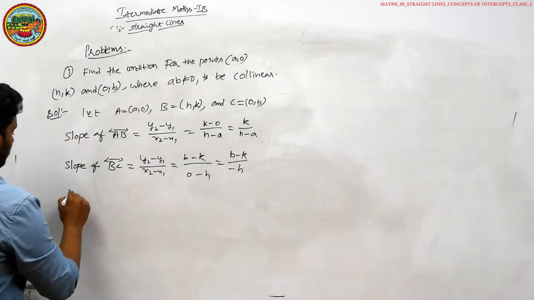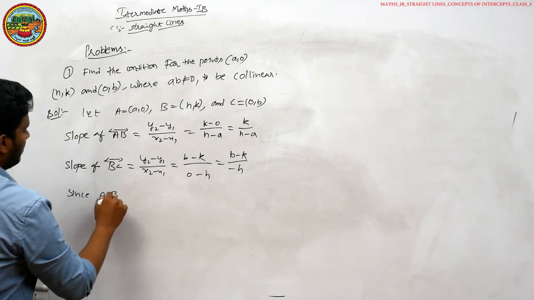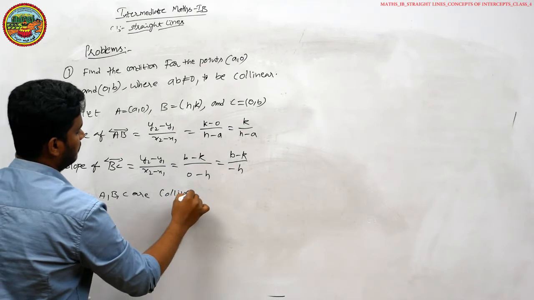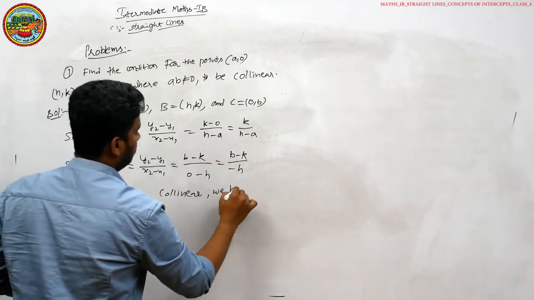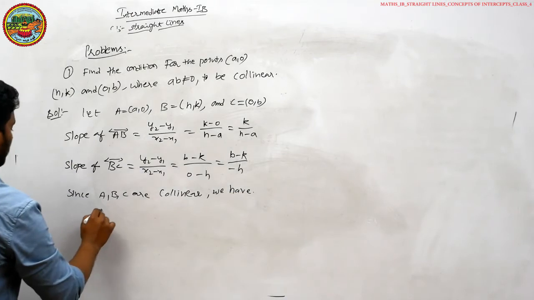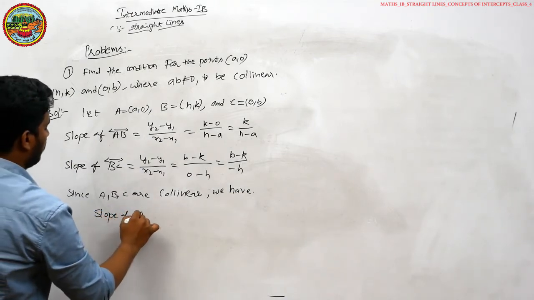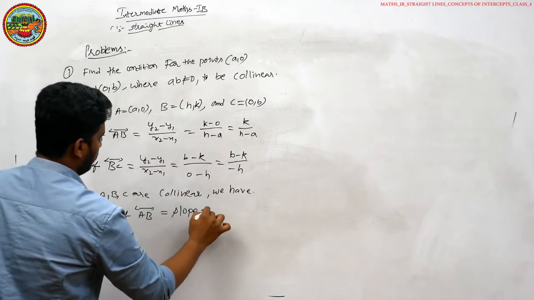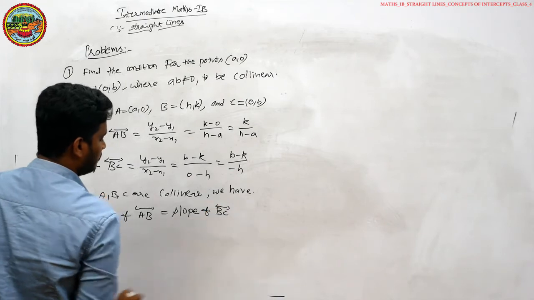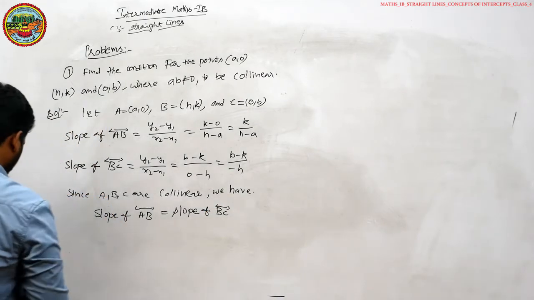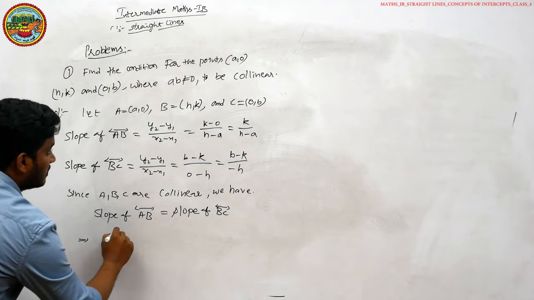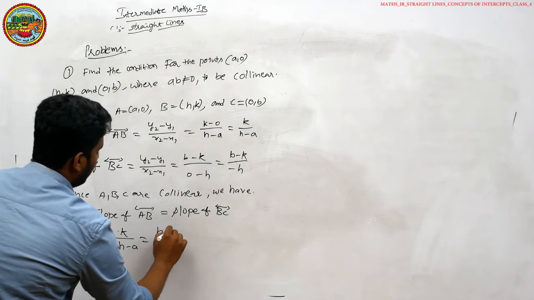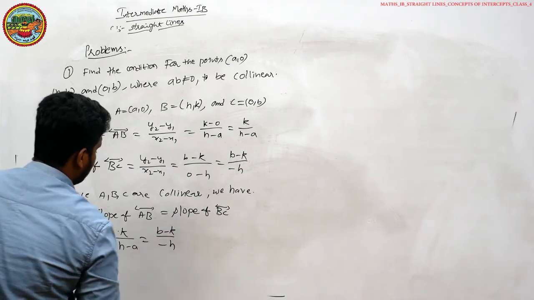So since A, B, C are collinear, we have slope of AB is equal to slope of BC, which implies k by h minus a is equal to b minus k by minus h.